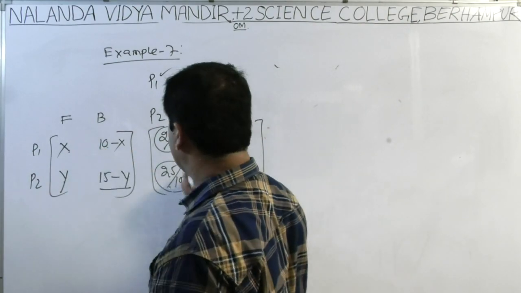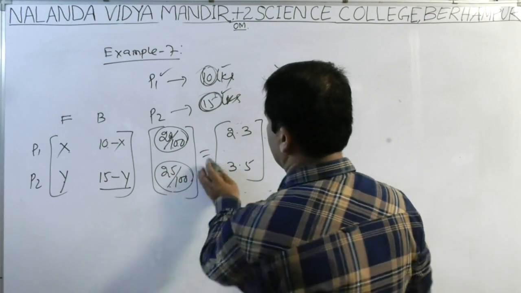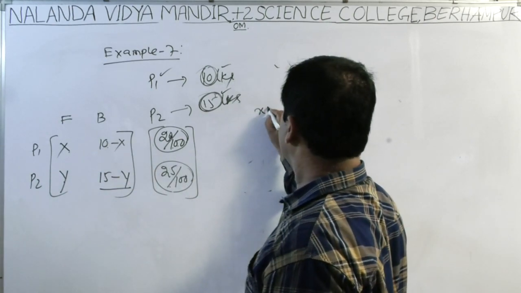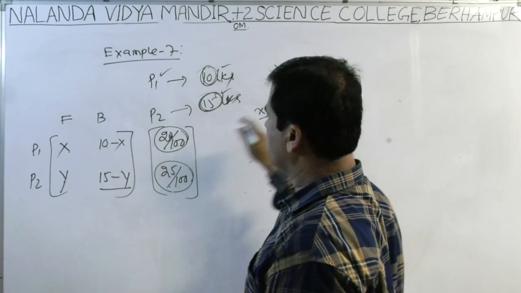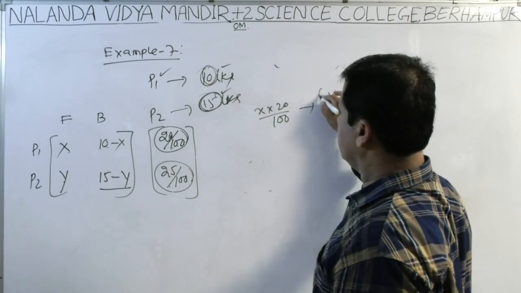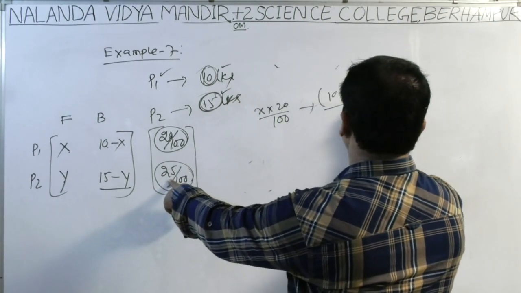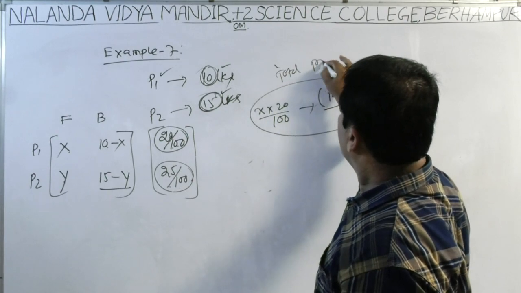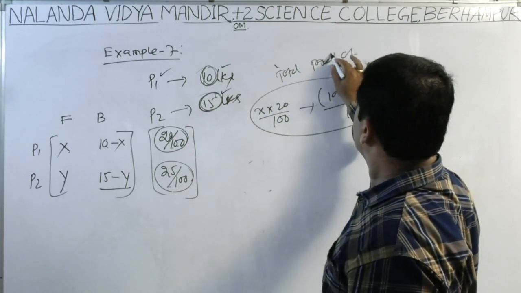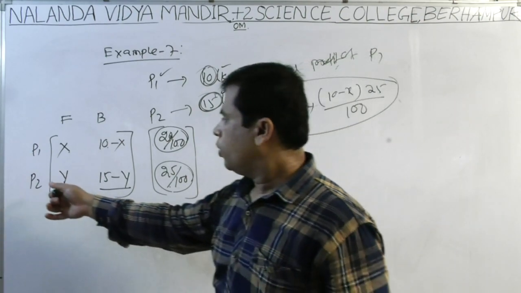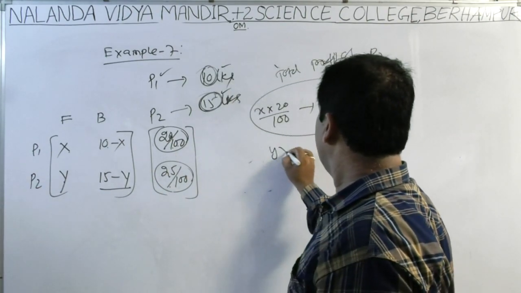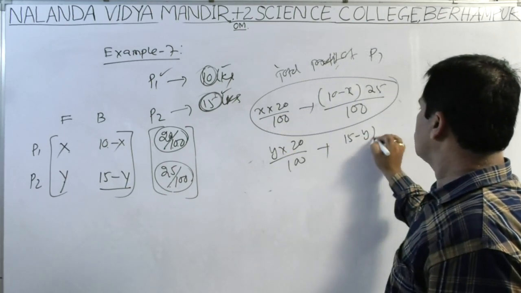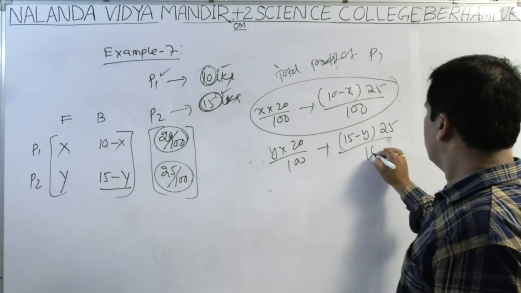If we multiply these two matrices, we get X into 20 by 100 plus 10 minus X into 25 by 100. This is the total profit of P1. Similarly, the total profit of P2 is Y into 20 by 100 plus 15 minus Y into 25 by 100.